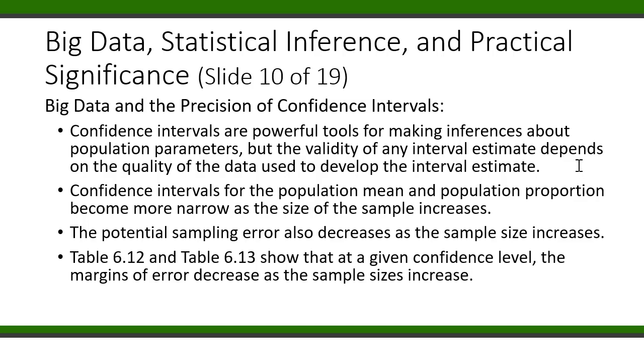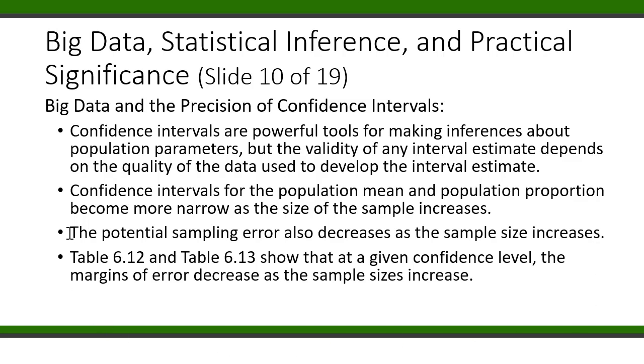Those interval estimates depend on the quality of the data that you use to develop them. So the intervals for population mean and population proportions become narrow as the size of the sample increases. So there's less and less chance that it's going to be there. And so that potential sampling error also decreases as the sample size increases.